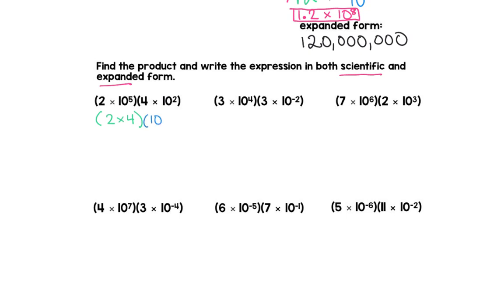We're also going to multiply the bases together. This gives me 8 times 10 to the 5 plus 2 power, or the 7th. This is in scientific notation because 8 is between 1 and 10. Now to expand this out, we have 8 and 7 zeros.